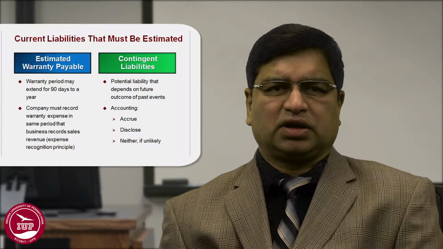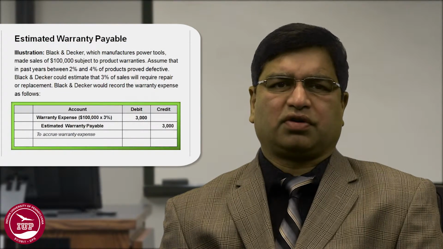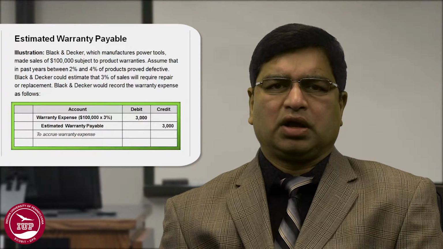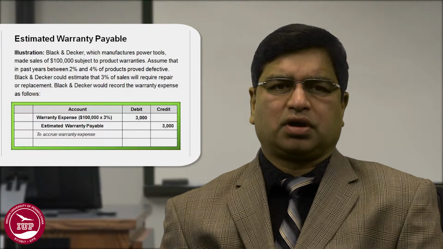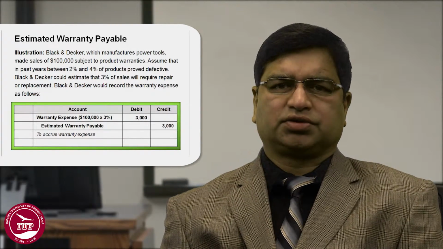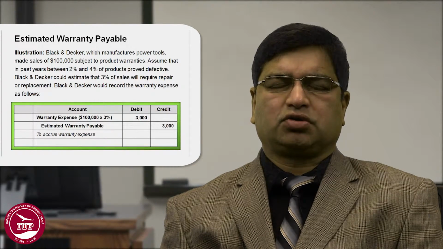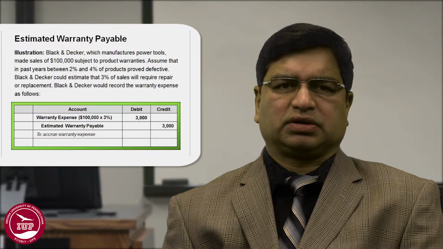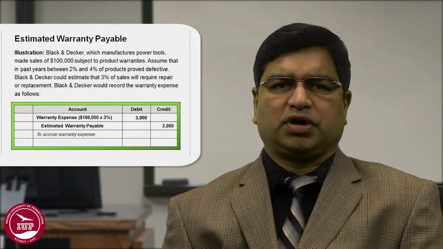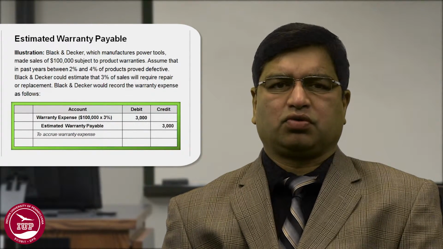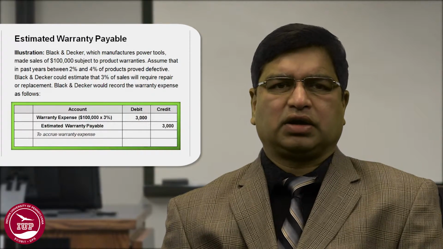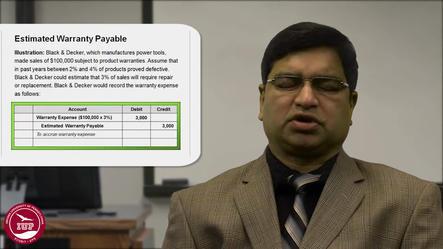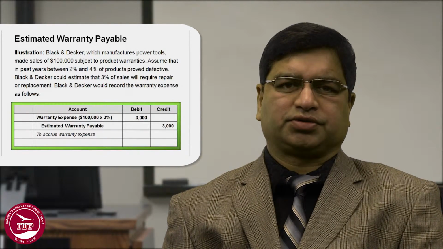So let's take an example of estimated warranty payable. Here is Black & Decker, which made sales of 100,000, subject to product warranties. Assume that in the past, defective parts have been between 2 to 4%, and therefore Black & Decker estimated that 3% of the sales will require repairs.